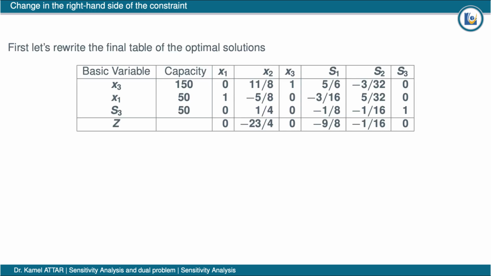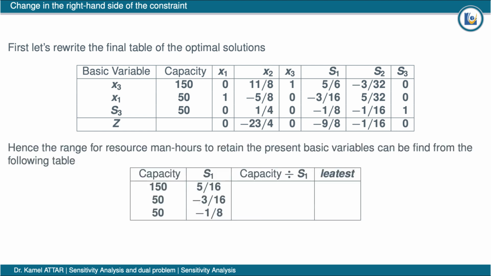First, for simplicity, let's rewrite the final table of the optimal solution obtained above. To answer this question, we put the table that helps us to determine the range of the first resource, man-hours, means the interval that tells us how much we can increase or decrease without changing the basic variables in the optimal solution.